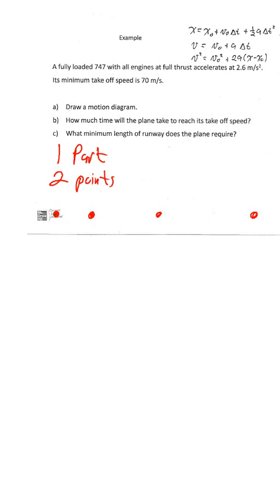And if I switch to a different color to represent the velocity vectors, make the line a little bigger. Here's the velocity arrows, they're getting longer, and the acceleration would also point to the right. So that's going to represent the motion diagram.